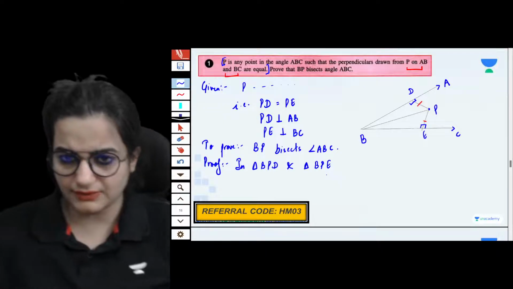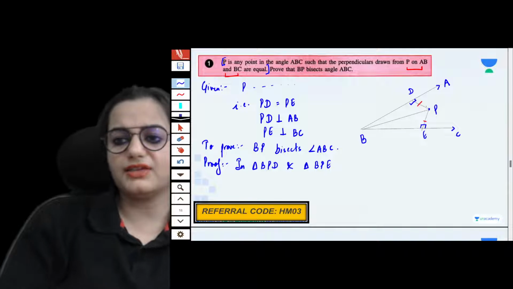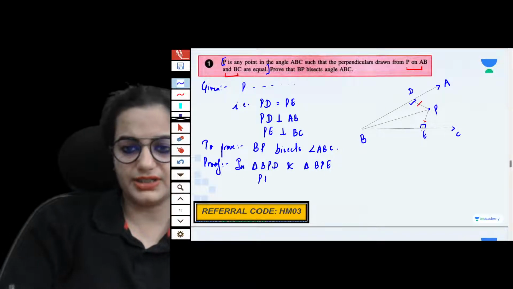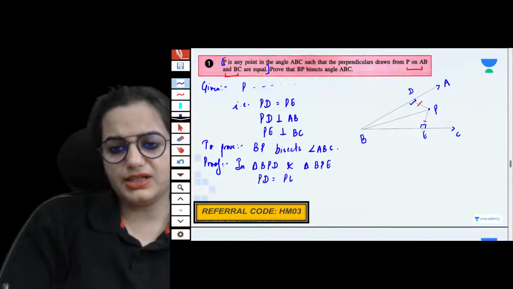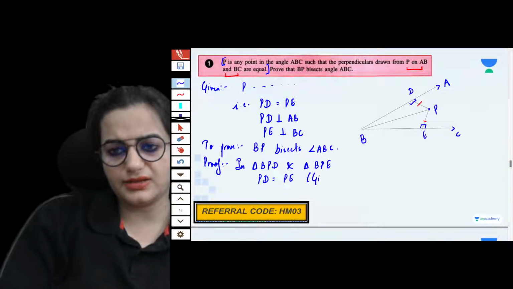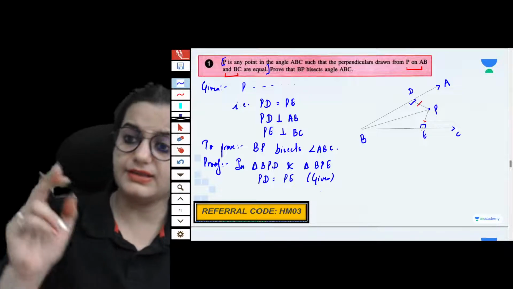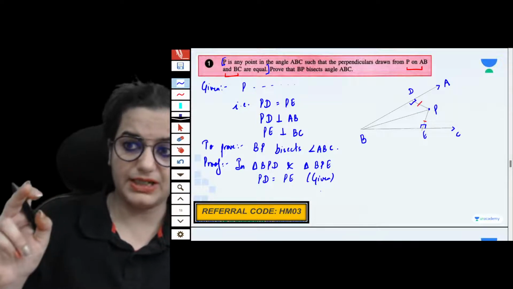These two conditions given. So first of all, can we say that PD is equals to PE? Because it is given in the question. PD is equals to PE. This is given. Okay. Now the next part is PD perpendicular on AB.